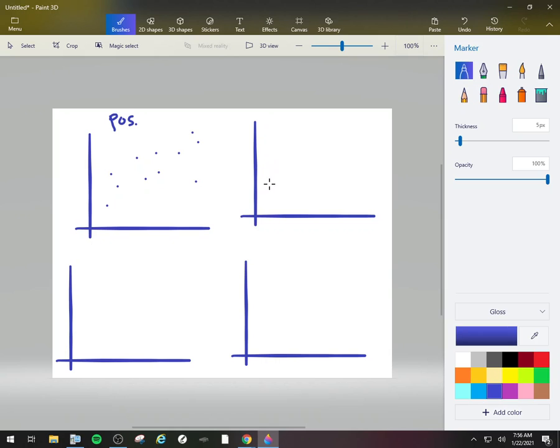So let's look at another group of dots. If you look at this group of dots, you'll see that as we go from left to right on the x, the y tends to increase again. So this would be another positive association.